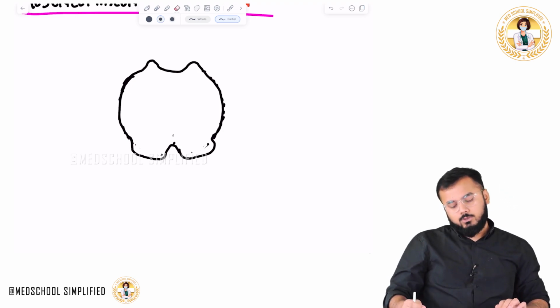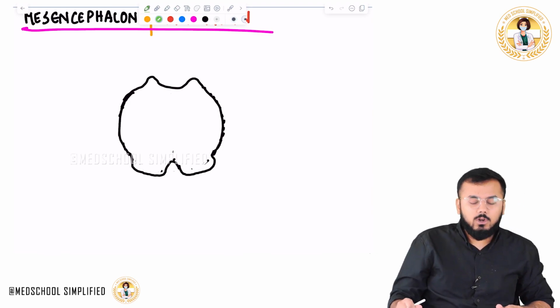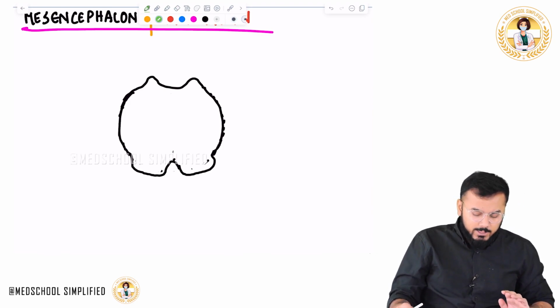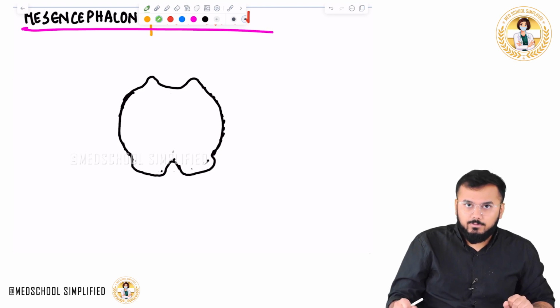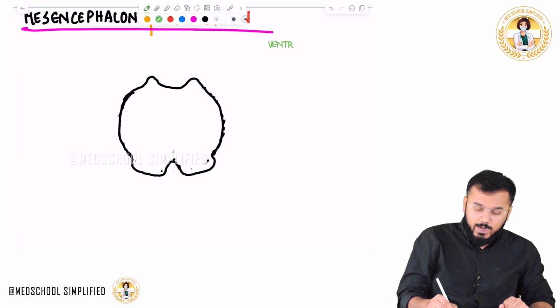Right now we have many different features. For example, we will discuss the external features. And what is this picture? This picture is the ventral surface or the anterior surface of the midbrain.